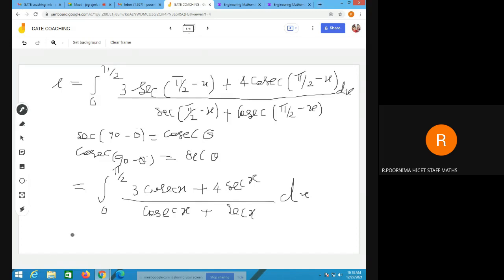Now we are adding both the terms, so on the left hand side we are adding both the L's, L plus L. What is our first term? It becomes integral 0 to pi by 2 of whatever term is given in the question.